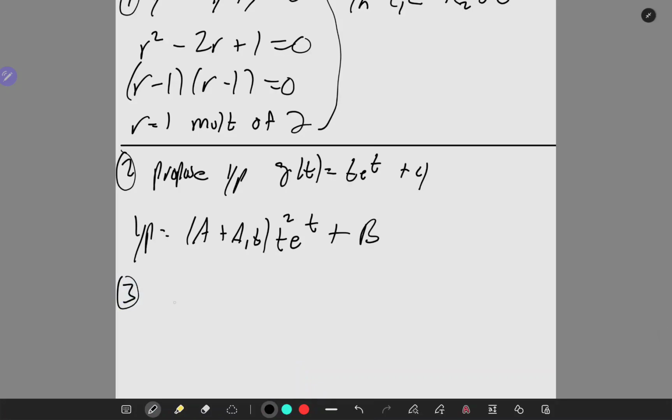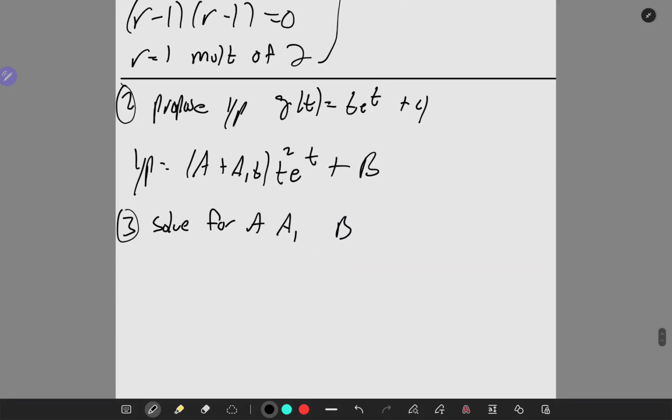Now, step 3, solve for a, a1, and b. So let me rewrite y sub p. So a t squared e to the t plus a1 t cubed e to the t plus b.